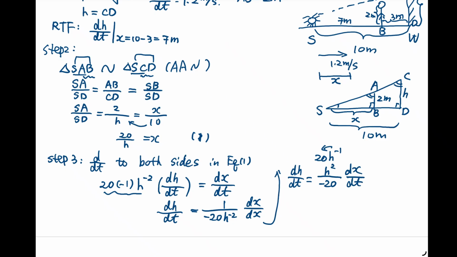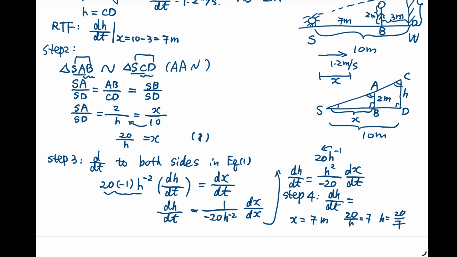Then we are going to do step 4. Subbing in the given information, dh dt equals h is... we need to solve for it. x equals 7, then 20 over h equals 7. We solve for h, which gives us 20 over 7.